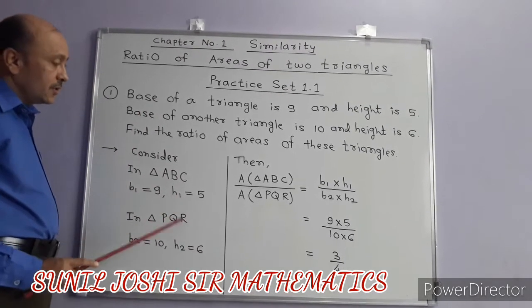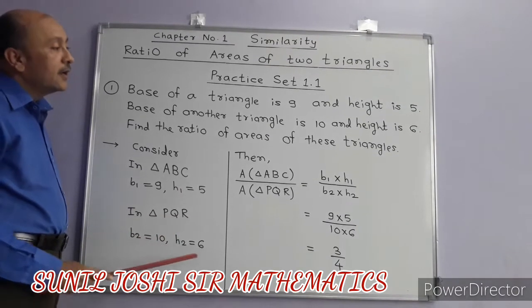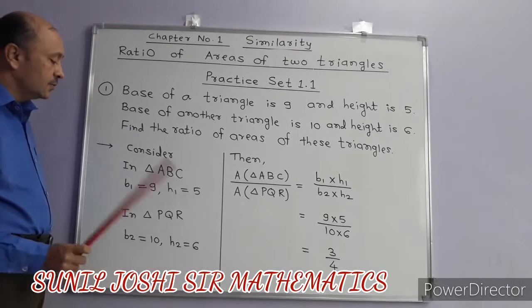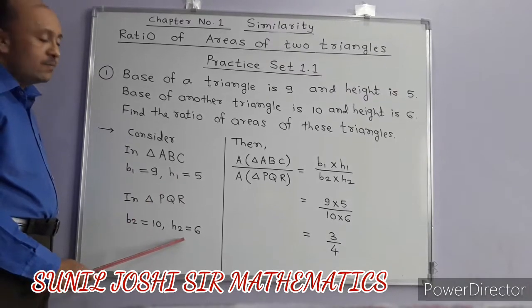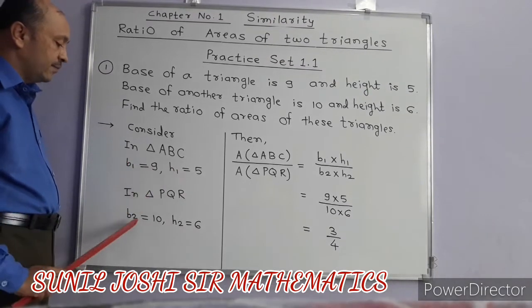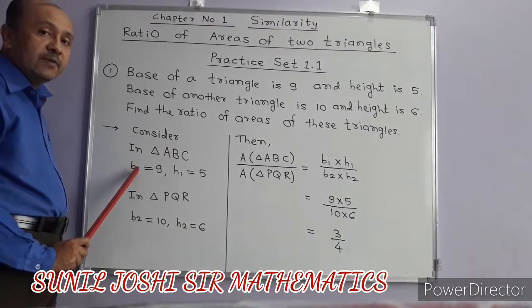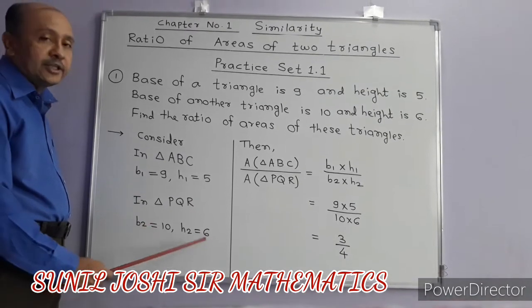In triangle PQR we are taking the base B2 equal to 10, and the height of the second triangle is given as 6. So B1, H1, B2, H2 are the symbols for base, height, base, height. For the first triangle we are using the notations B1, H1, and for the second triangle we are using the symbols B2, H2.